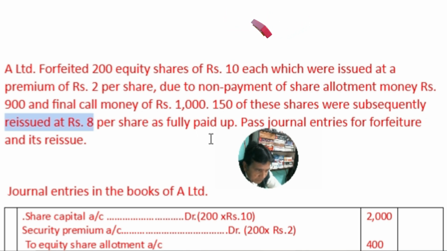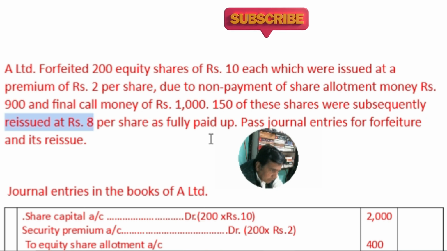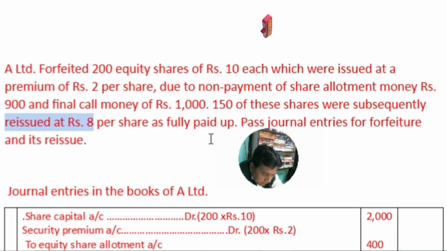Referring to the preceding problem on the company chapter, which is uploaded, that problem contains issue of shares, forfeiture of shares and reissue of forfeited shares. This problem contains only forfeiture and reissue.